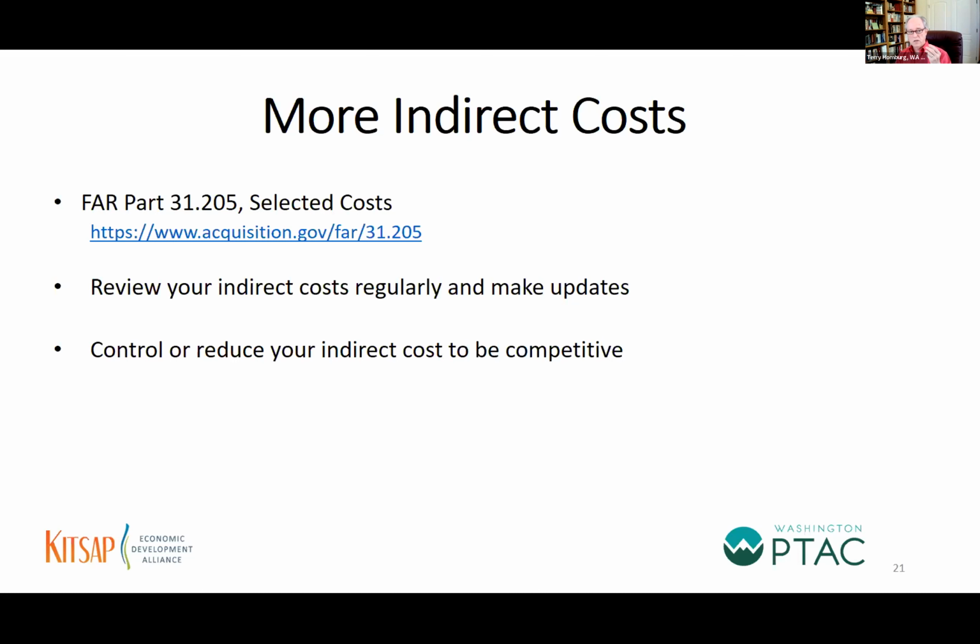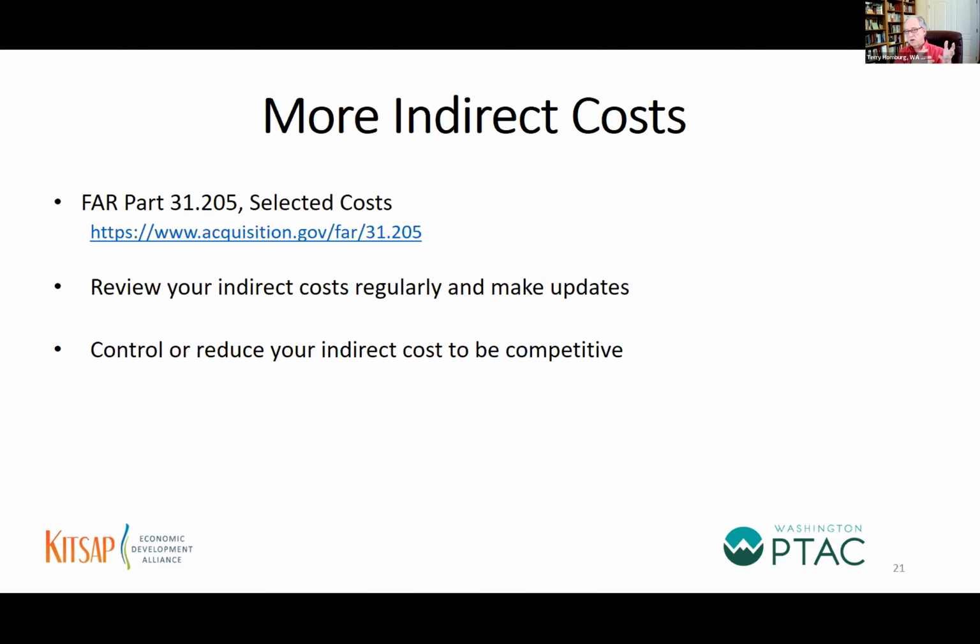So as the third bullet says there, control and reduce your indirect costs to be competitive. Because if you can change your indirect rate from 13.1% and you're going out and being proactive, trying to reduce your indirect costs, and you find better, less expensive insurance or a better deal on a company car, whatnot, you could change your annual percentage from 13.1 to maybe 12.7.